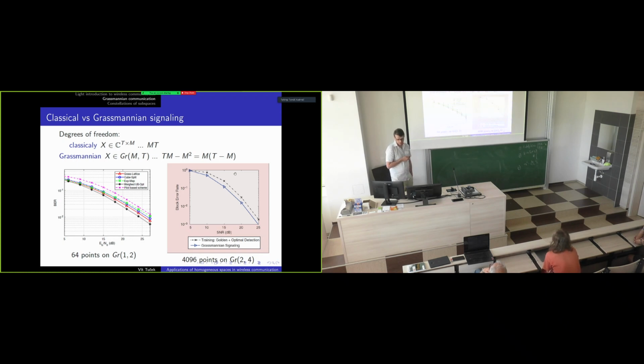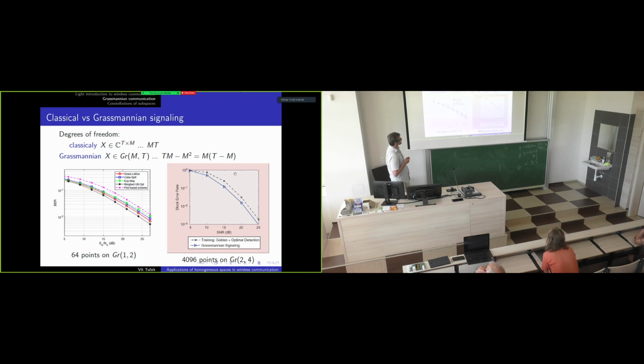At the start, it's not clear whether this will be beneficial or not. I have to say that this idea is already 20 years old. Some people worked on it for some time, and then there were no new papers, but with the addition of more and more antennas, people got interested in it again. So at the start, there is this obvious problem.